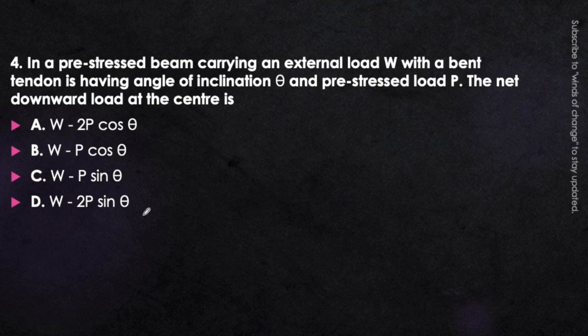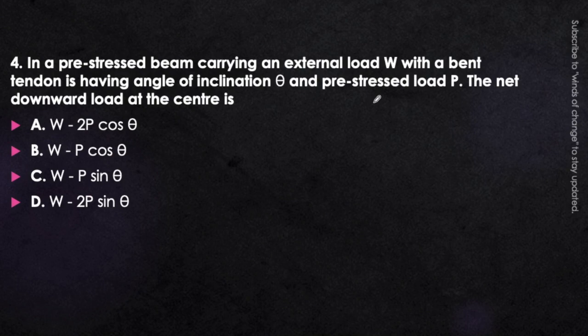Just think about it. Here we are talking about a pre-stressed beam, which is carrying an external load W from the top. Now with bent tendons, it is having angle of inclination theta. The tendons are at angle theta, and pre-stress load of P will be acting on the tendon.